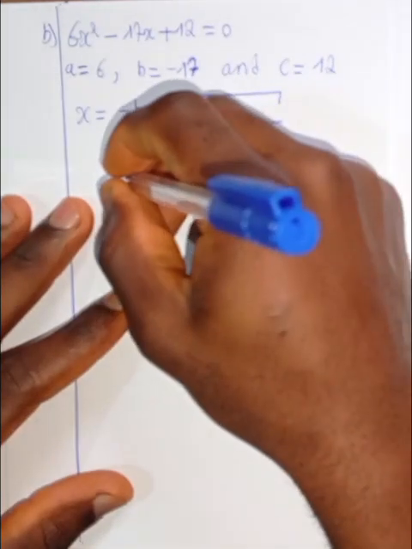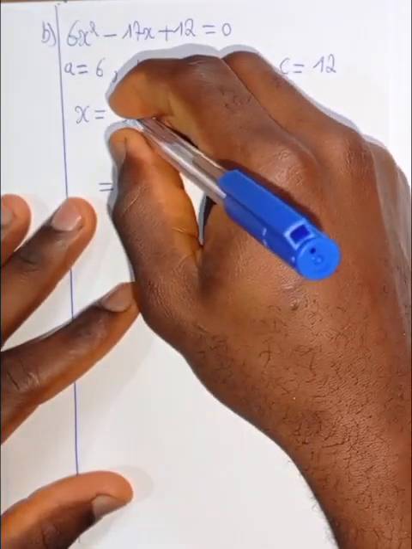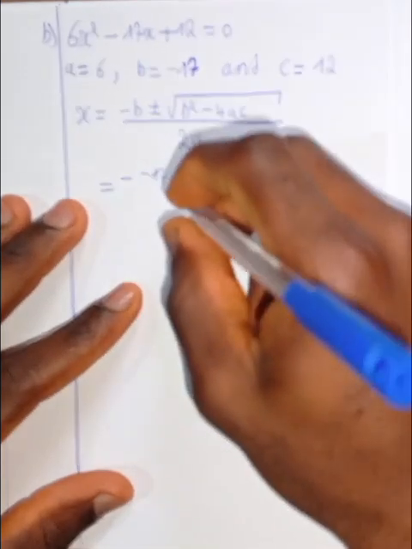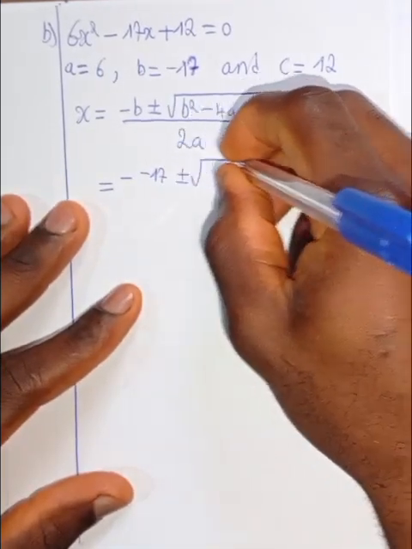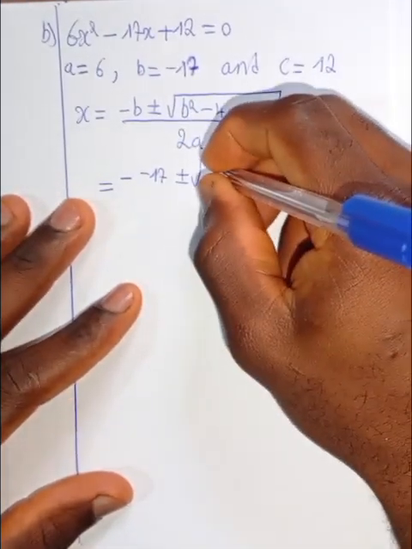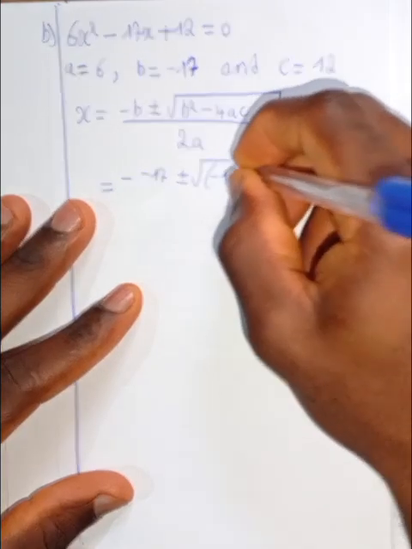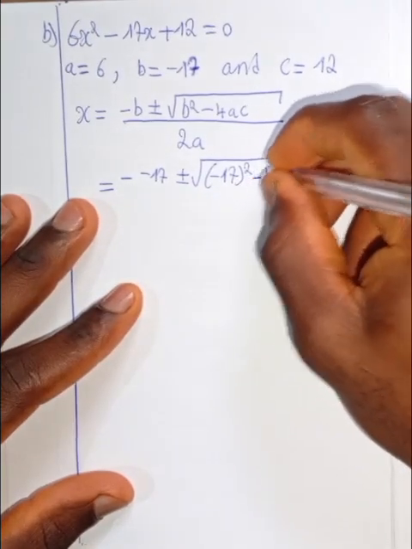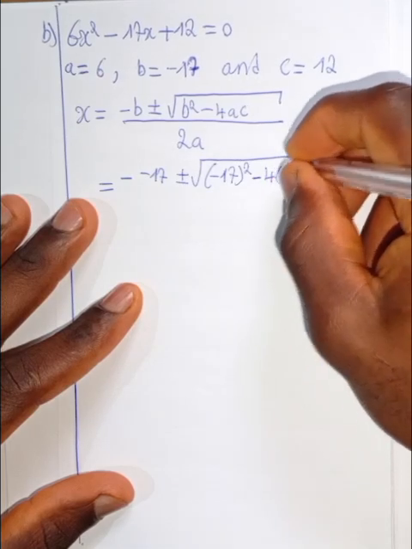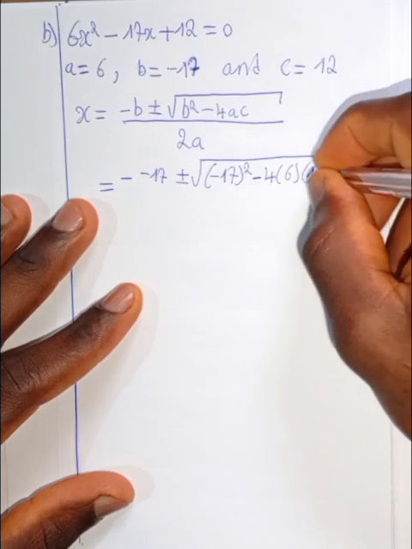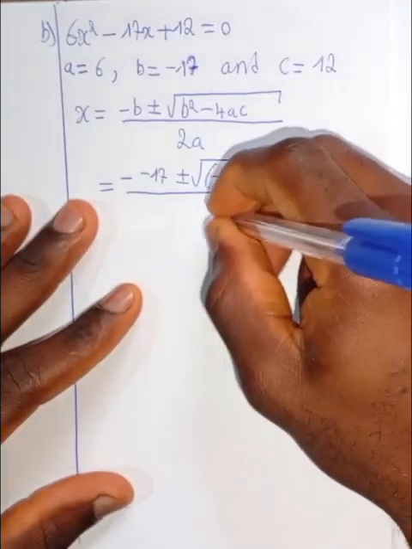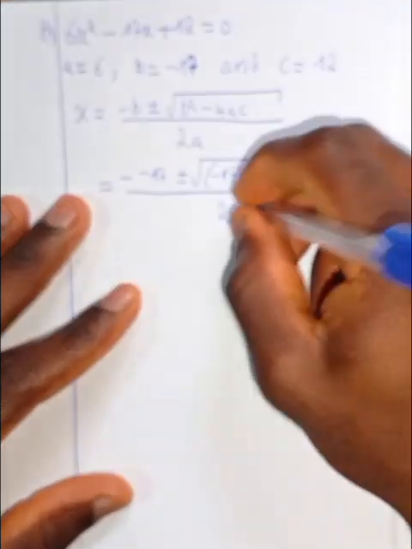So this will simply be equal to negative, we know b is negative 17, negative, plus or minus the square root of negative 17 squared minus 4 times a, which is 6, times c, which is 12. We have to divide all this by 2 times 6.